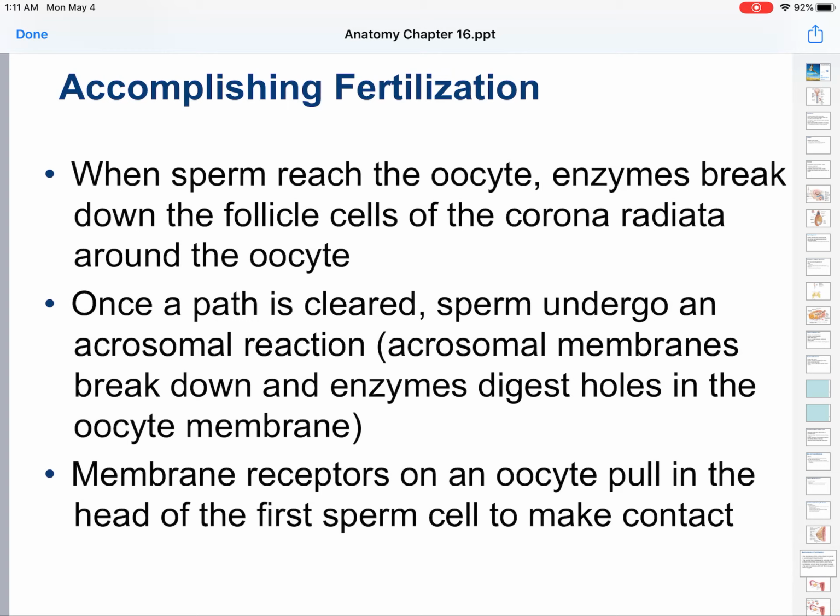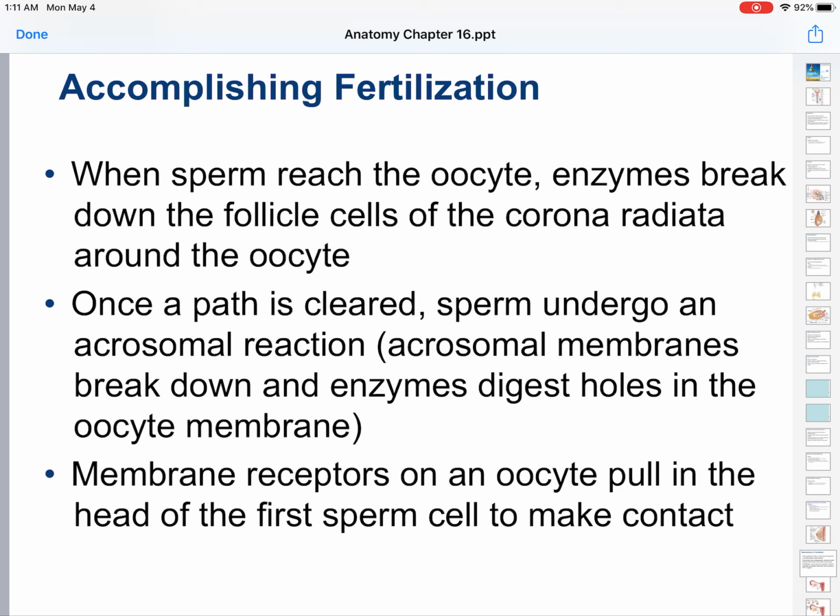So this corona, wonderful time to be having this video, this corona, which means crown, is a special layer around the egg cell that protects it, but also is very, very tough for things to get into. So when the sperm reaches it, enzymes within the sperm break down the cells of the corona radiata.